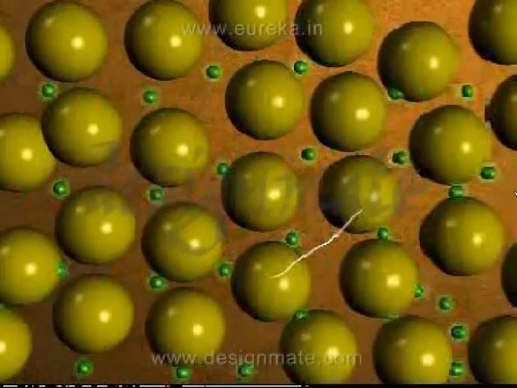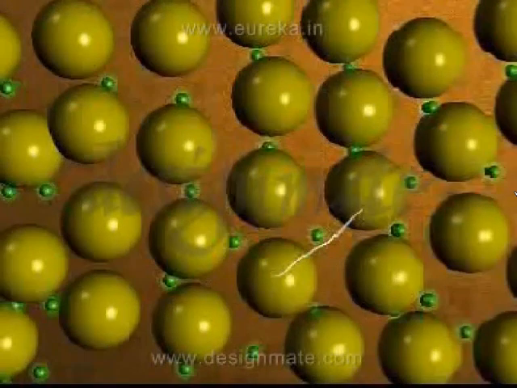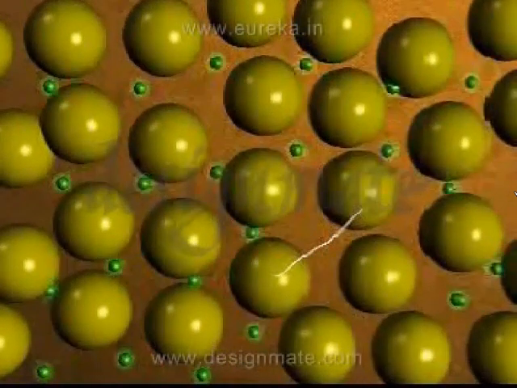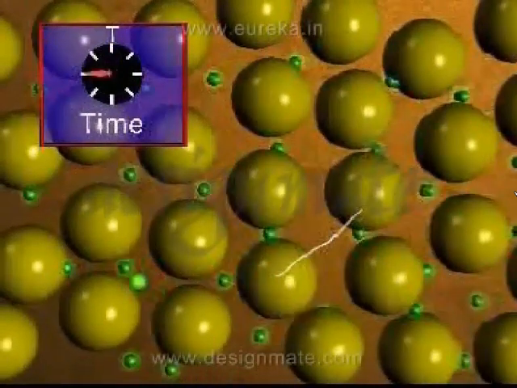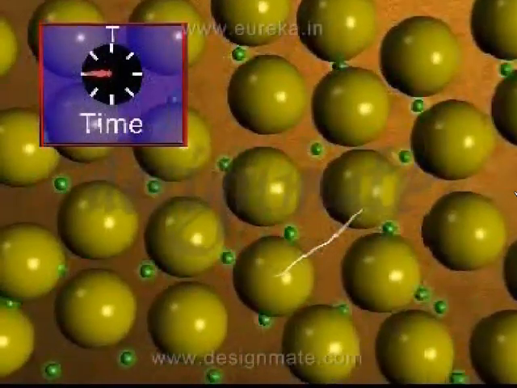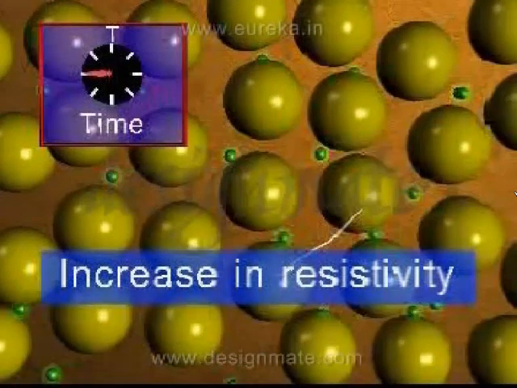As the temperature of a conductor increases, the oscillations of ions increase both in their amplitude and speed. This results in the reduction of the relaxation time tau between the successive collisions, resulting in the increase in resistivity.